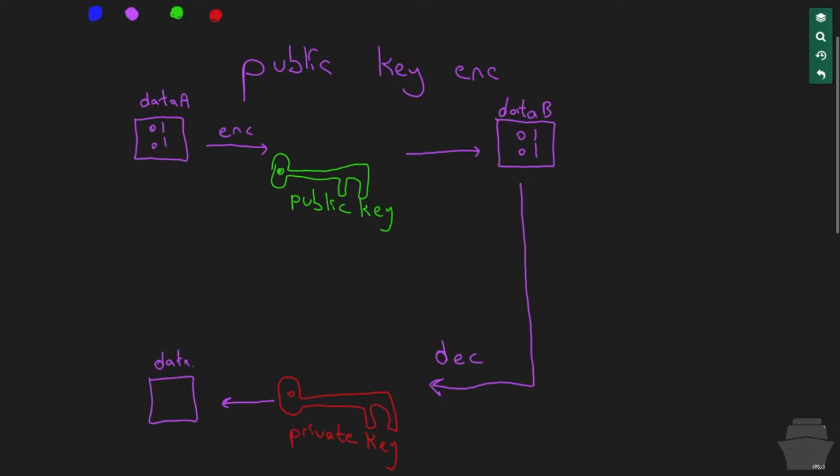Well, let's draw the other situation as well, but change the color first. Let's suppose we have a data called data X. I want to encrypt this data with our private key.